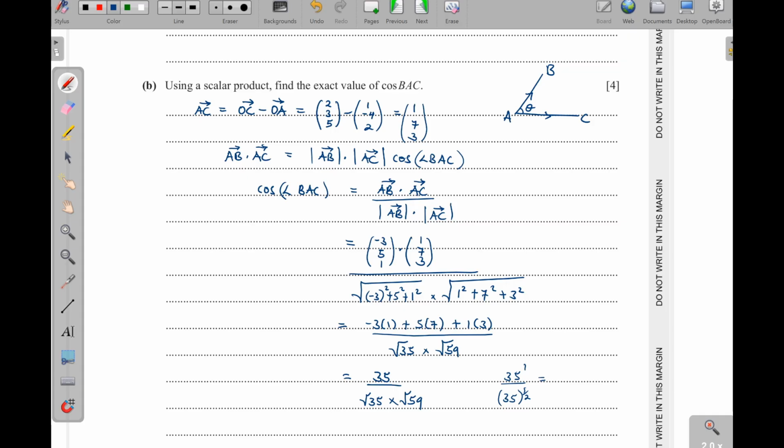This simply implies that you have 35 power 1 minus a half, which is 35 power what? A half. So we have root of 35 over root of 59. So cosine of that angle BSC is going to be equal to root of 35 out of 59. So that is that.